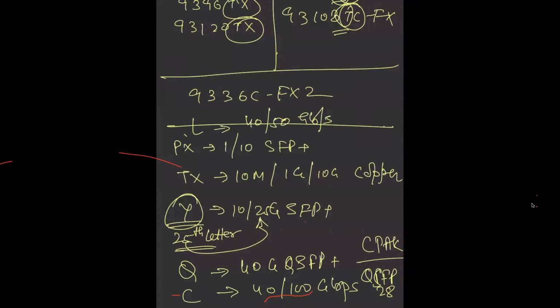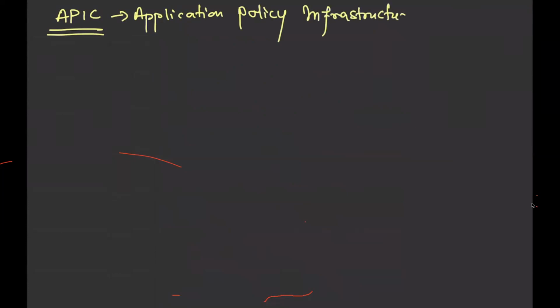So after this, let's quickly talk about the Epic. The full form of Epic is Application Policy Infrastructure Controller. So basically, I told you this is going to be UCS C software, okay, which is having the Epic software installed on them.